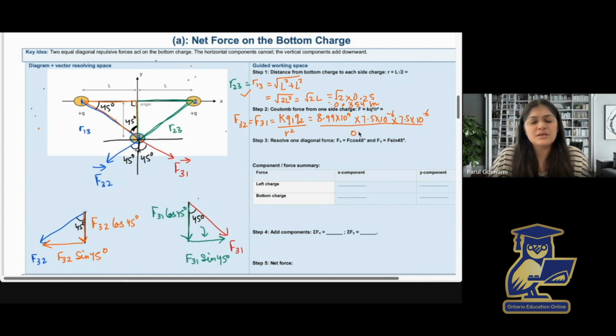R we have calculated, R13 and R23, which was 0.354, squared. Now we can solve this using the calculator, and we will get 4.05 Newton.